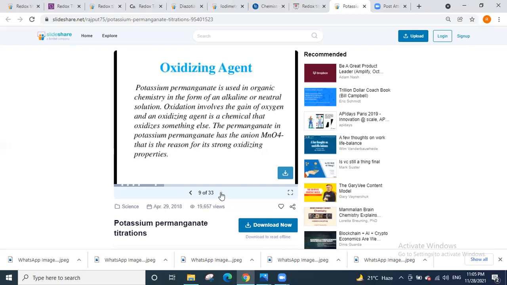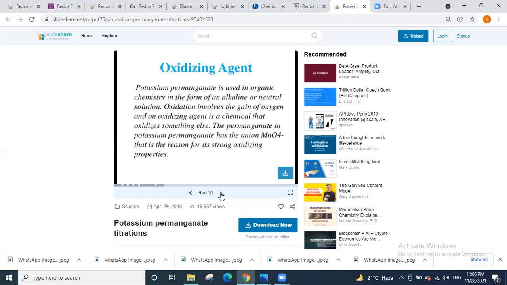And both of these molecules, KMnO4 and potassium dichromate, are strong oxidizing agents. But when the reaction is between KMnO4 and potassium dichromate, which one will oxidize and which one will reduce, which one acts as an oxidizing agent and which one acts as a reducing agent, depends upon the values of E naught, that is, the reduction potential.